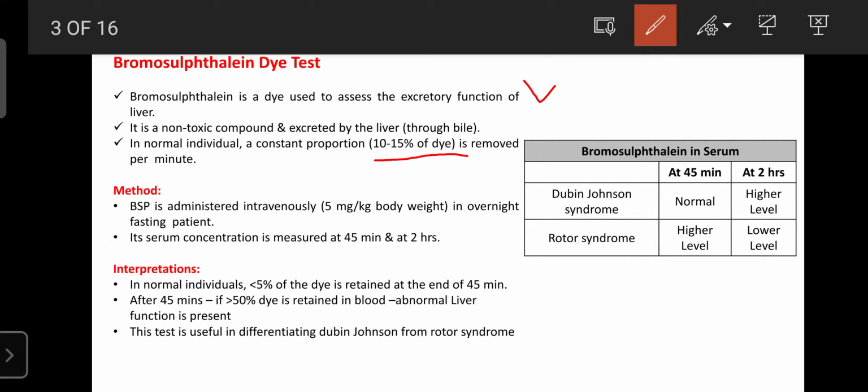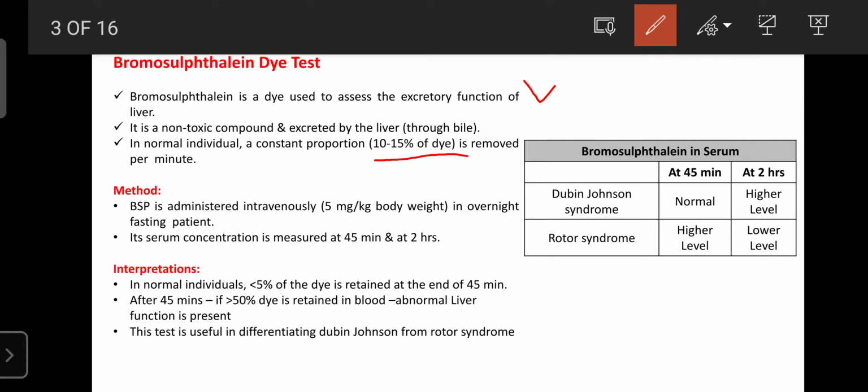Due to that, the concentration of bromosulfathalein is elevated in the plasma. So assessing bromosulfathalein in our serum gives a clue regarding the secretory functions of the liver, and it is also helpful to note obstructive jaundice.